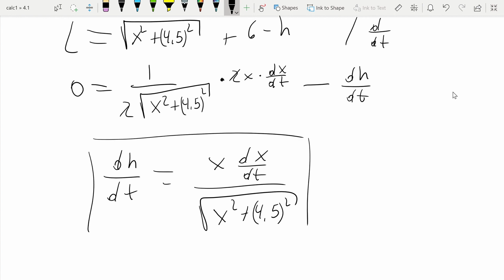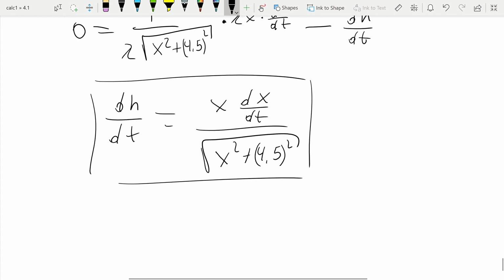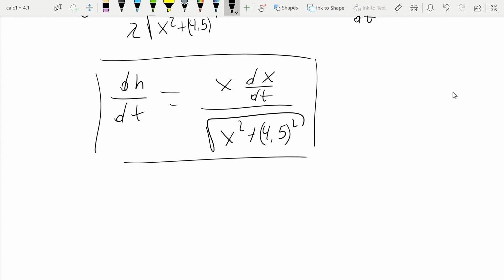So that's our formula. But now we use the data we have. So when x is equal to 5, we're asked to compute dh/dt when x is equal to 5. And we also know that dx/dt doesn't change, it's always 3 meters per second.